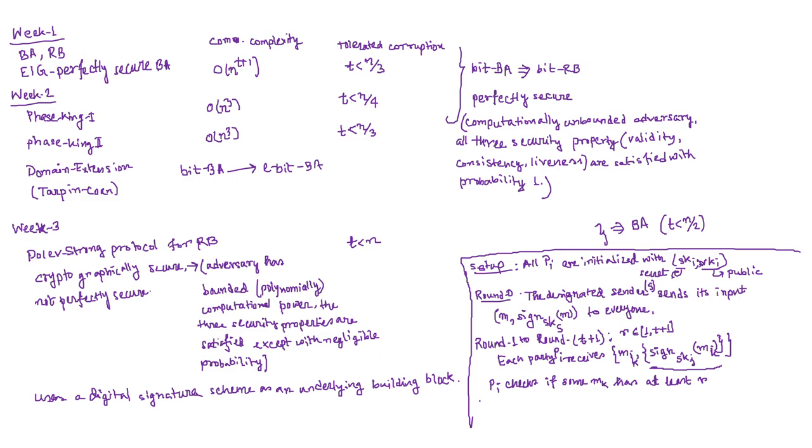So in the rth round, party pi checks if some message mk has at least r different signatures on it, including the designated sender's signature, that is the S signature.